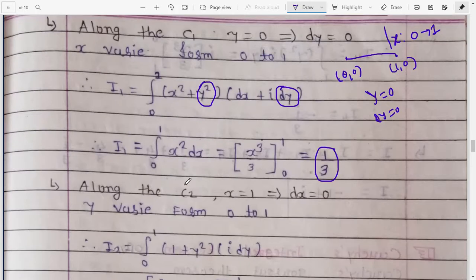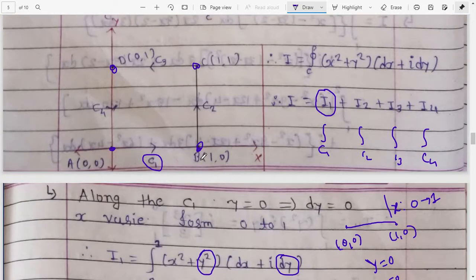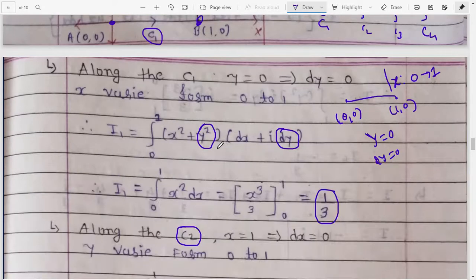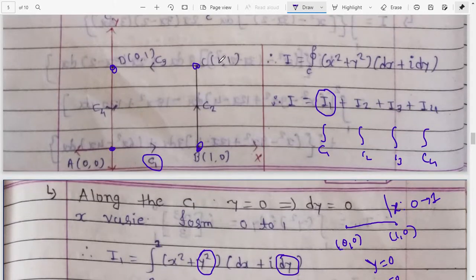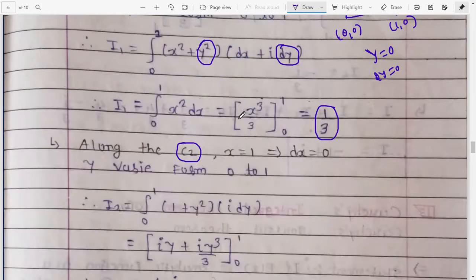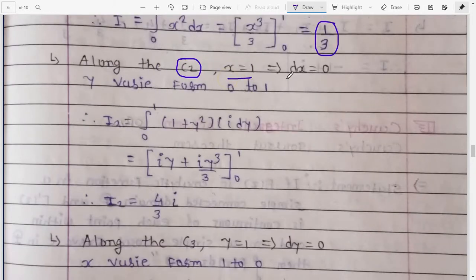Now along the curve C2, B to C, x is equal to 1. In this figure x is equal to 1 and y varies from 0 to 1. So the derivative of x is equal to 0 and the limit is 0 to 1. So (1 plus y²) times iota dy.